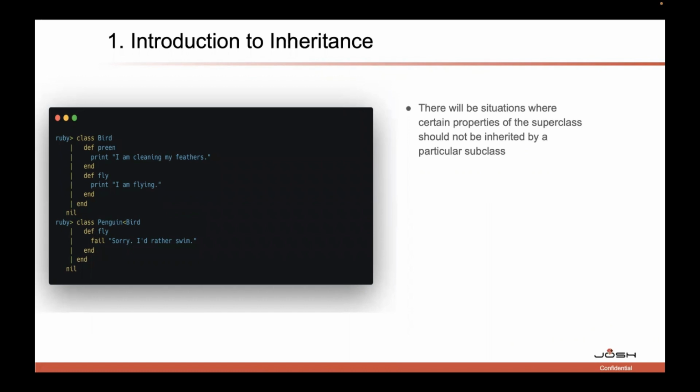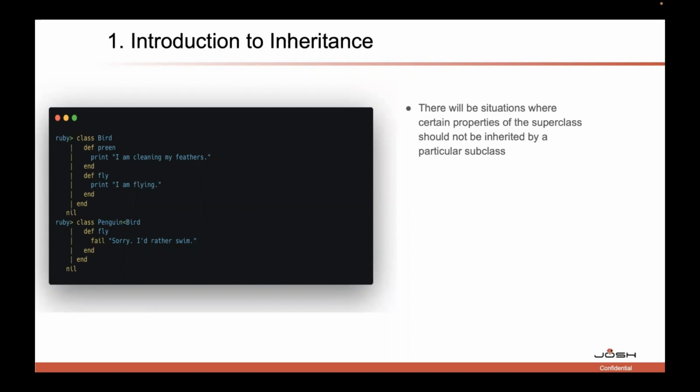There can be certain situations where certain properties of a superclass are not applicable to a subclass. Like all birds can fly, but a penguin can't fly. There are two types of designs we can basically follow.